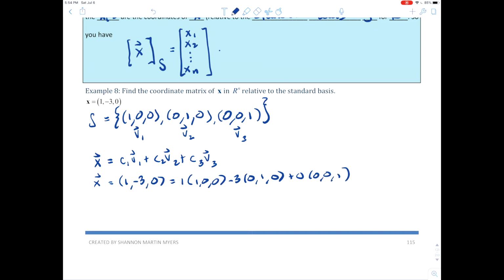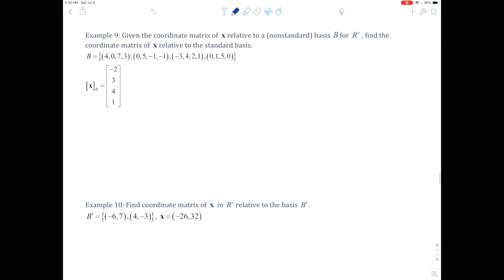Cool so far? So the coordinate matrix of x relative to the standard basis S is just (1, -3, 0), because those are the c's. My c1, c2, and c3 are here, and that's what we put in here. Cool, cool?